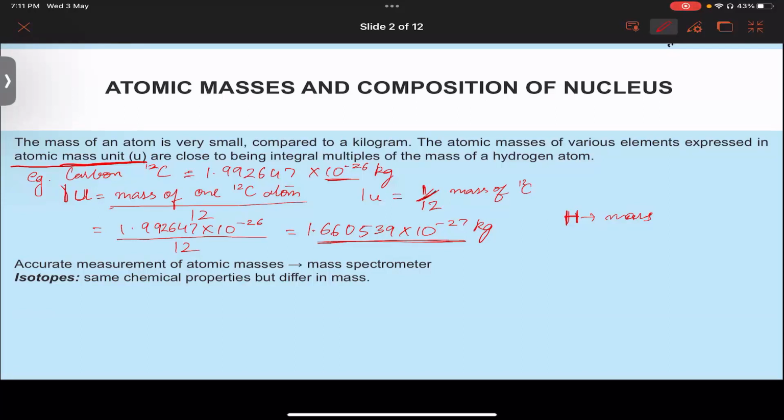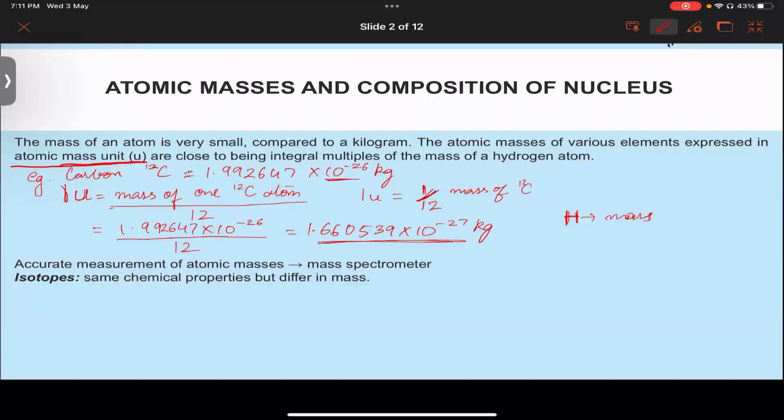This is how the same element can occur as different atoms which have different atomic masses. Such elements are called isotopes. So you can say that one element has a number of isotopes. And what are these isotopes?